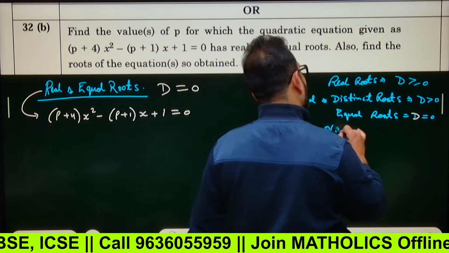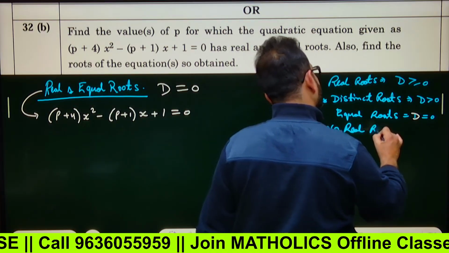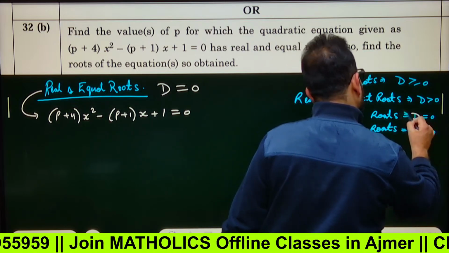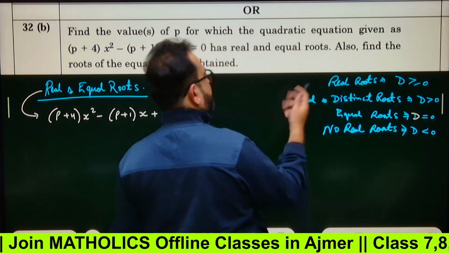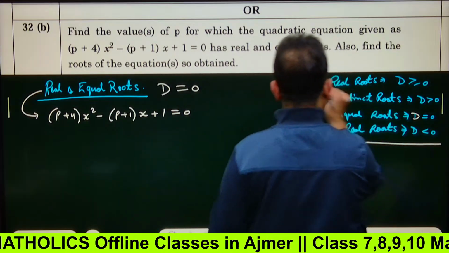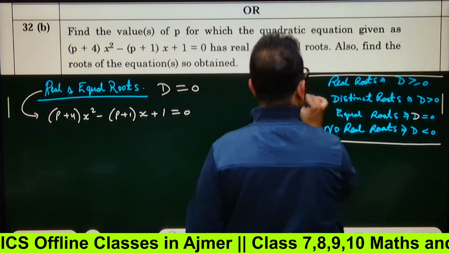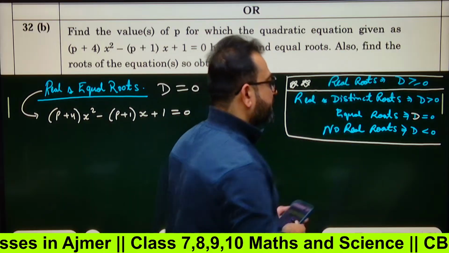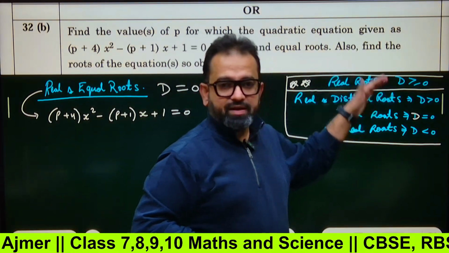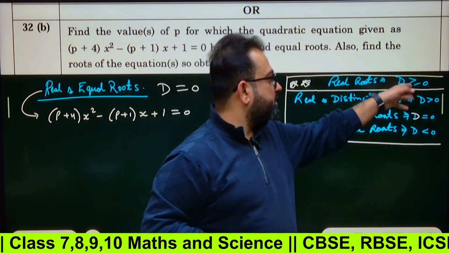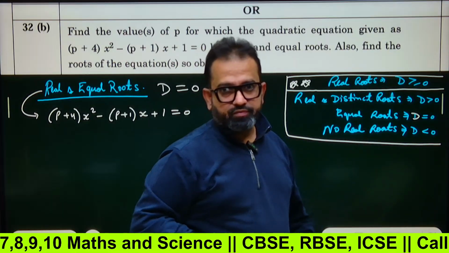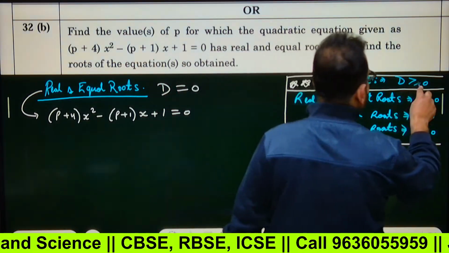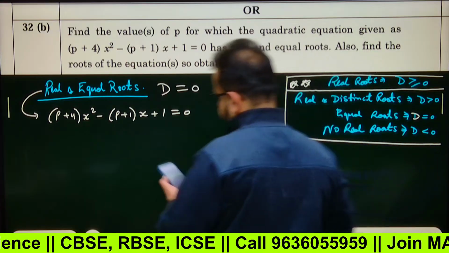If it is given no real roots, D less than 0. There are only three conditions, but the upper one is exclusive. If only real roots is given and it's not mentioned that they are distinct, you have to take both conditions, greater than and equal to 0. But if it is given real and distinct roots, D greater than 0. So this is one concept.